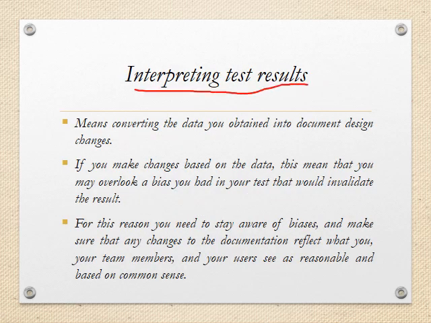Interpreting test results means converting the data you obtain into document design changes. The main goal of the testing is that we try to get data statistics about a document and convert this data into design improvement or design changes.